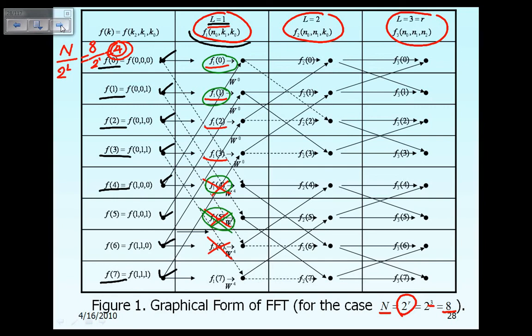Now, what happens at the second level, L equal to 2? The formula becomes 8 divided by 2 to the power 2, and 2 to the power 2 is 4, so 8 divided by 4 is equal to 2. So in level L equal to 2, you compute 2 terms, F20, F21, and then you skip the next 2.